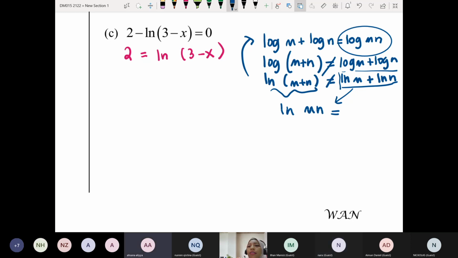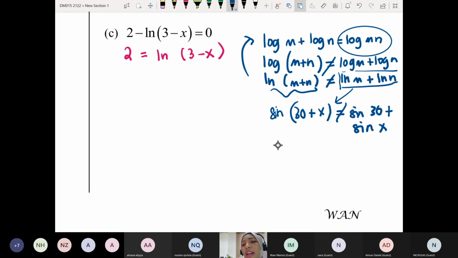Yes. So sangat-sangat, you diibaratkan log ini macam trigonometry, sin of 30 plus X. You never ever can expand jadi sin 30 plus sin X. Tak boleh. Sebaliknya you menggunakan properties sin A plus B adalah apa semua?